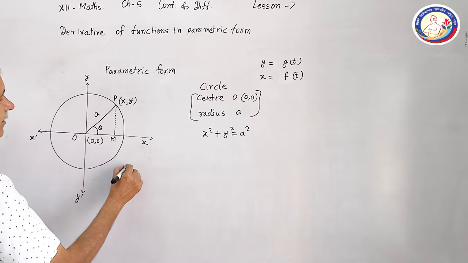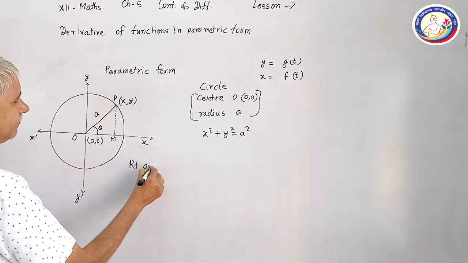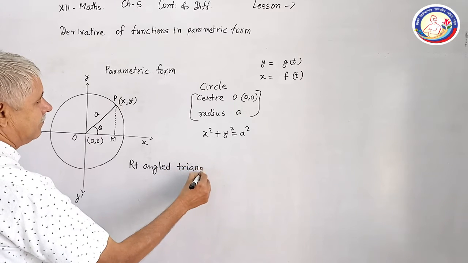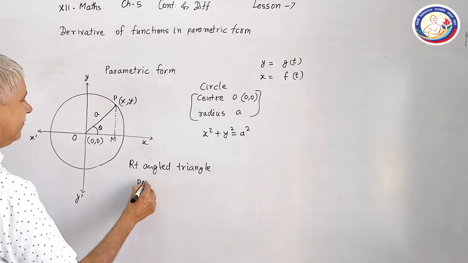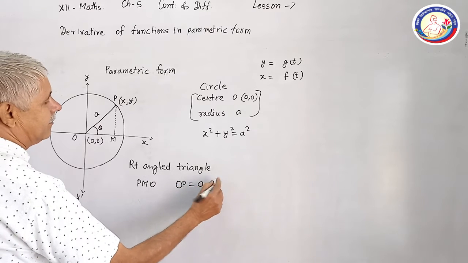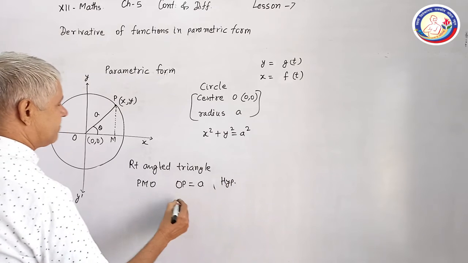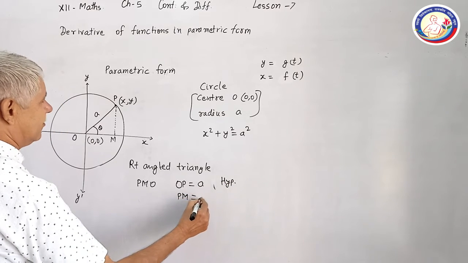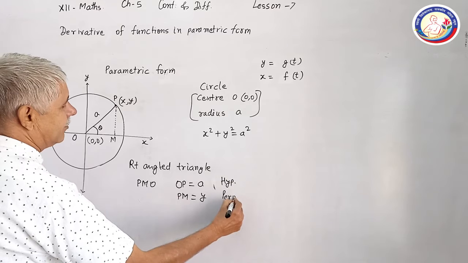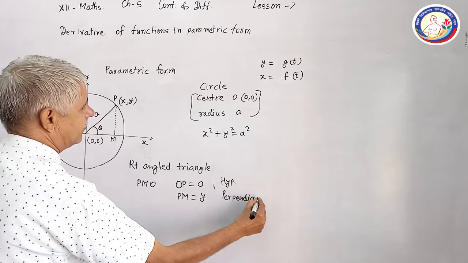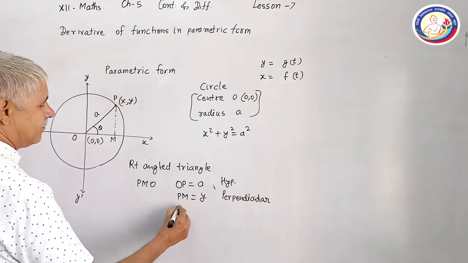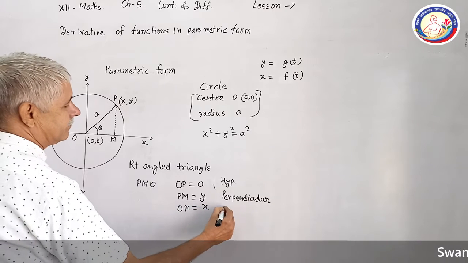In this right angle triangle PMO, OP equal to a is the hypotenuse, PM equal to y is the perpendicular, and OM is the base and it is x.